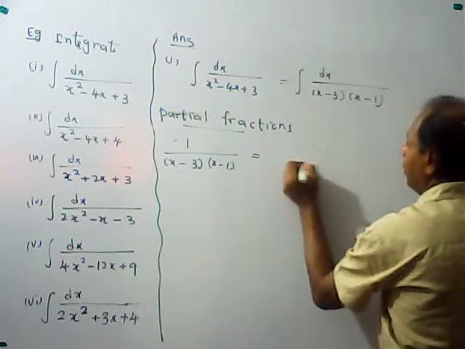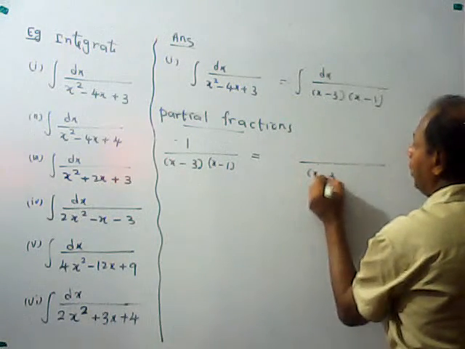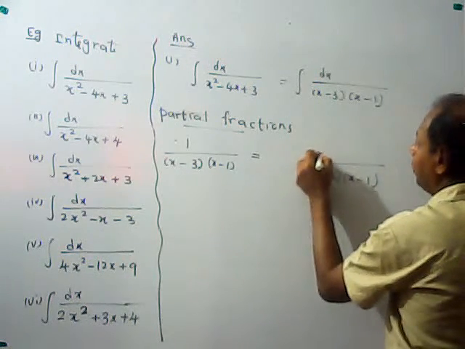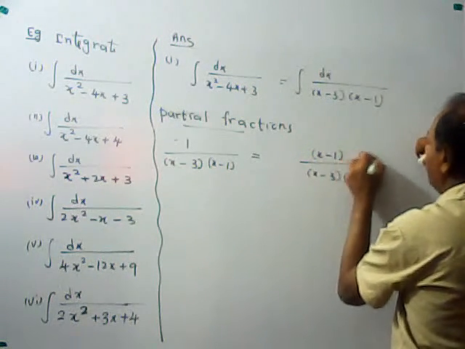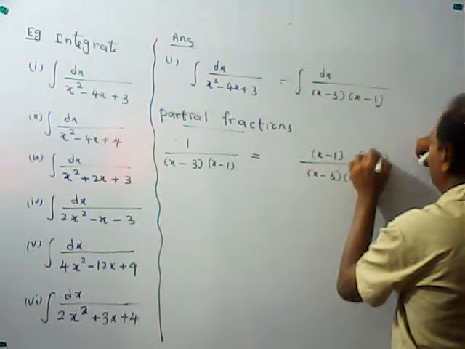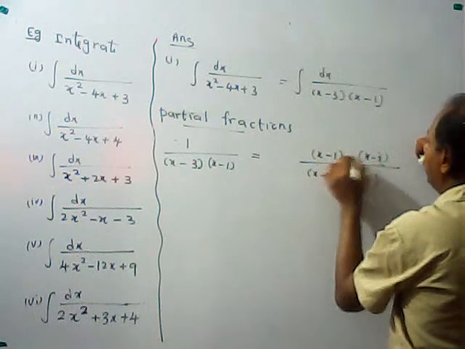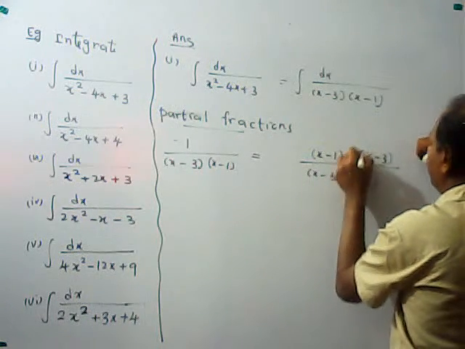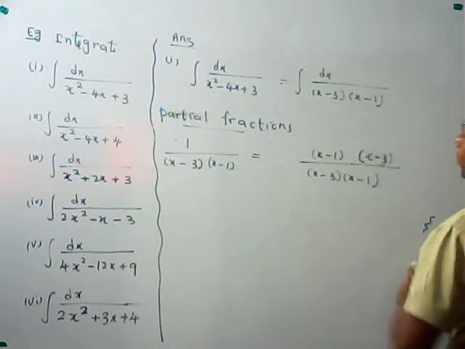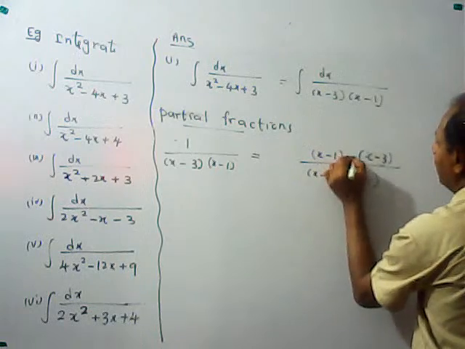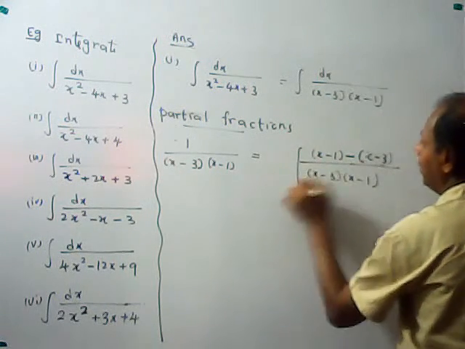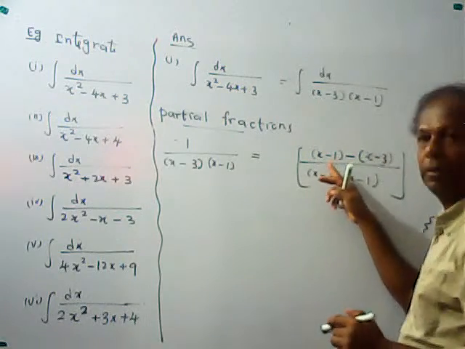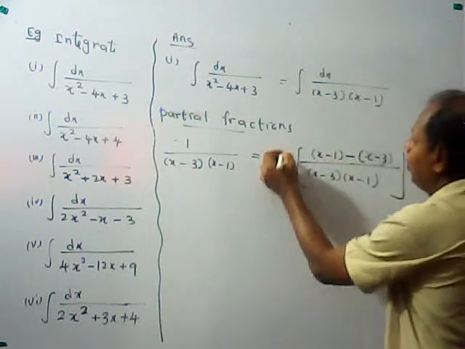Equals, x minus 3, x minus 1. I write x minus 1 first, then x minus 3. To get rid of x, I just subtract. X will get cancelled. But still they are not equal. We have a 3 minus 1, the 2 here in the numerator, to balance.